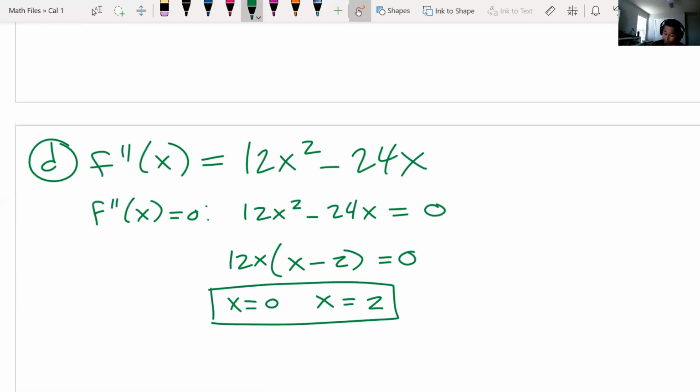These are now called my possible inflection points, or my PIPs.